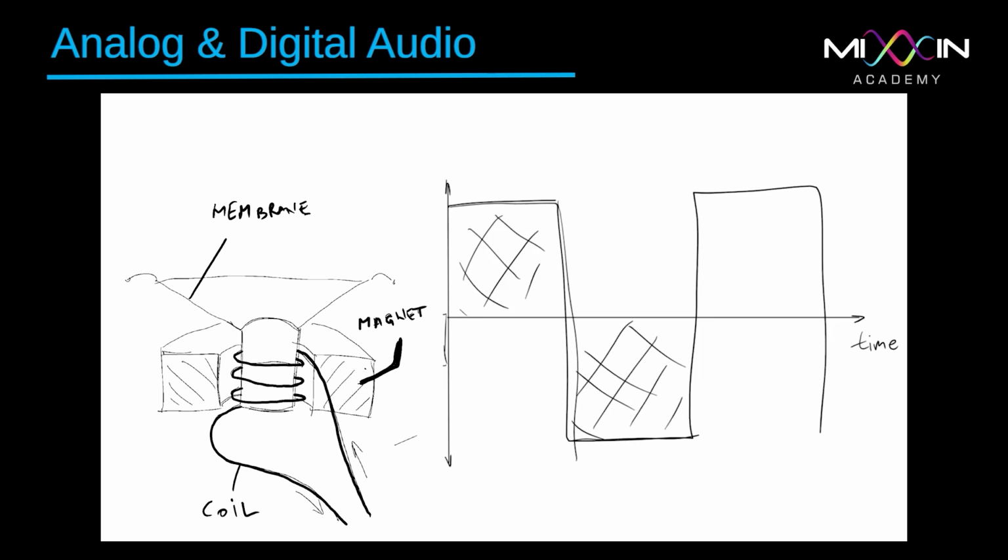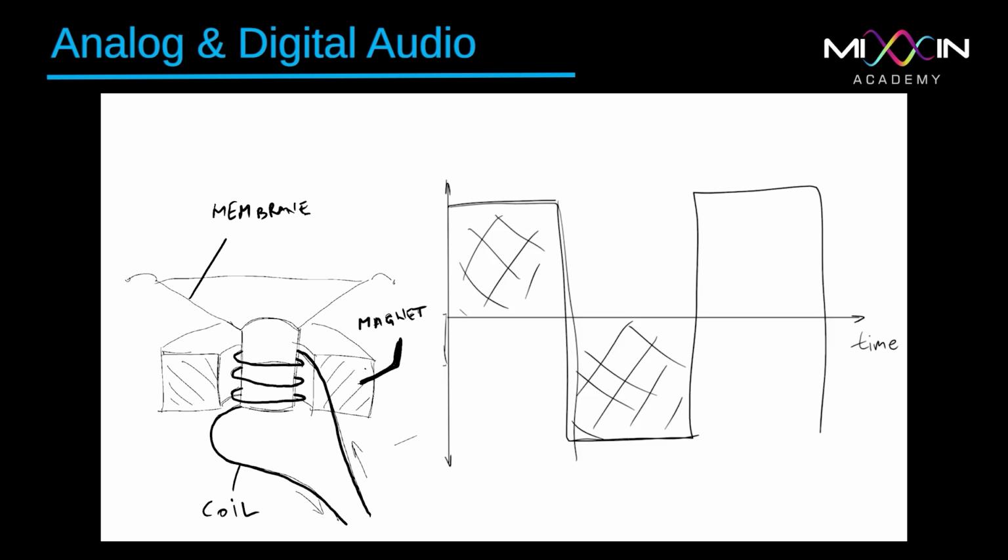So it will follow the waveform that we provide with the electricity to the letter. What this speaker is, this combination of the membrane, the coil, and the magnet, is actually an energy converter. It converts electric energy into acoustic energy, into sound pressure.